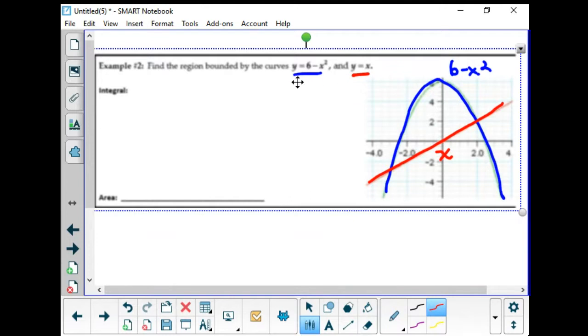What makes this problem slightly different from the first one is we don't have the left and right boundaries explicitly stated in the problem. We are supposed to get those from the graph behavior. We're supposed to look at this and go, okay, there's my left boundary and there's my right boundary. I need to identify those.